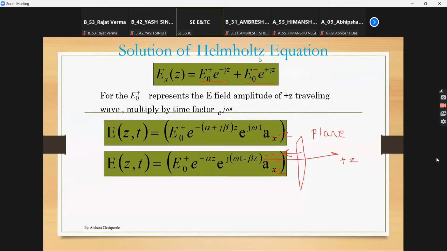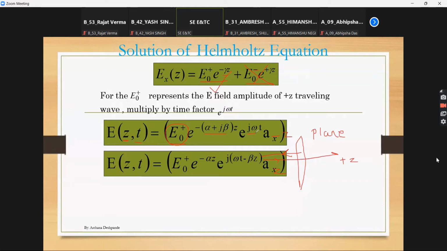Because my electric field is only a function of the z coordinate, and it is a function of t. E0 plus indicates it is an incident wave. I am considering only the incident part of it.